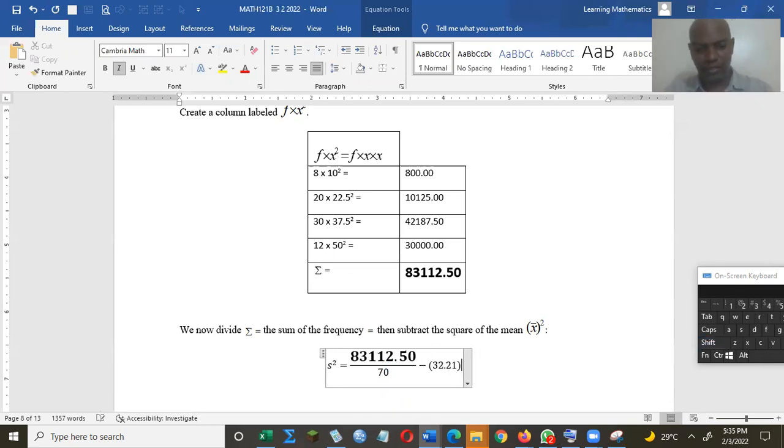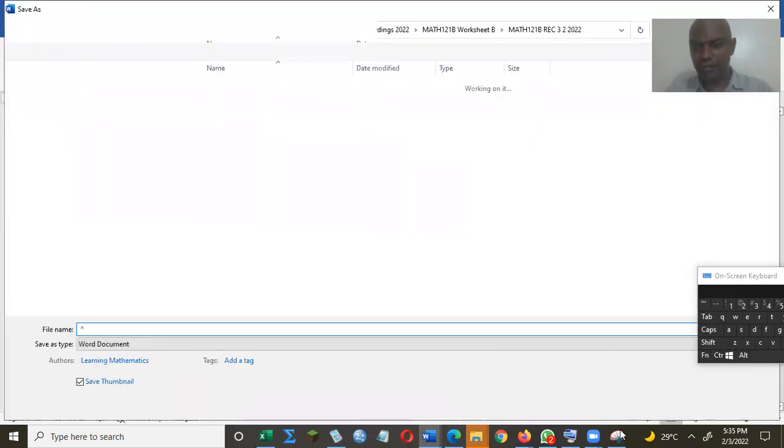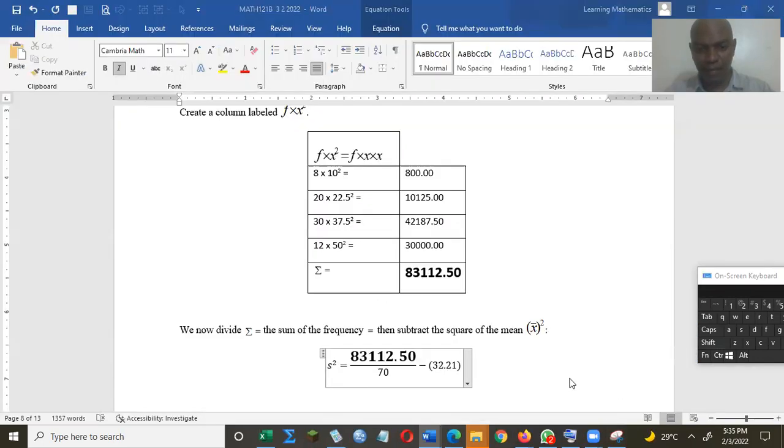Oh, I could recall, if you press shift 6 and put the square in it, it automatically puts in the superscript. So that's another way to get superscript quickly. You don't really have to go and look for it. You can just press shift 6 and then press tab and it automatically puts it. Okay, let's verify if that's the mean.